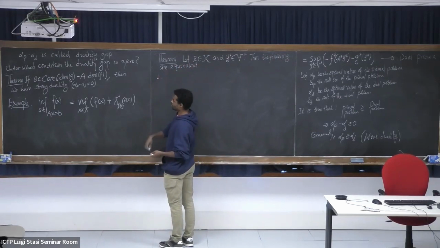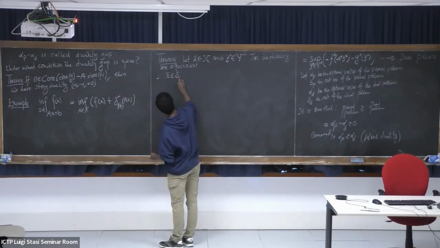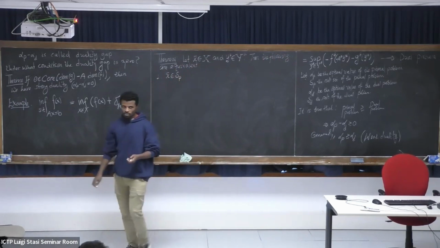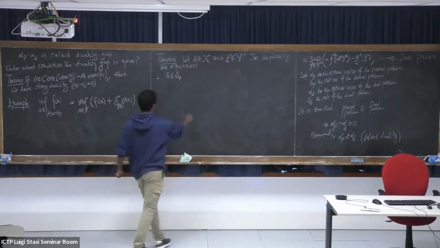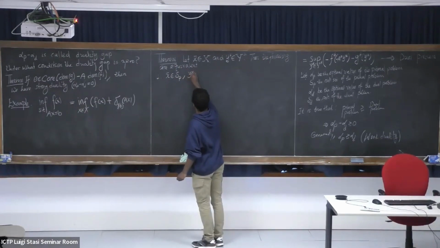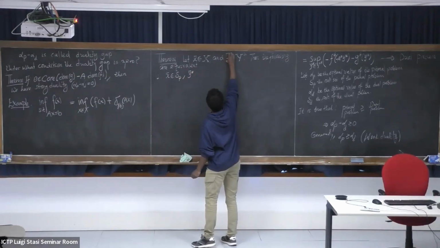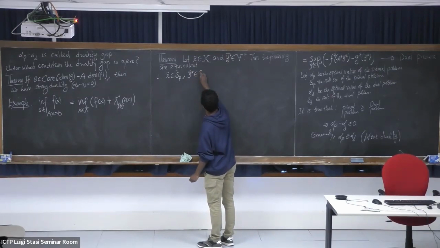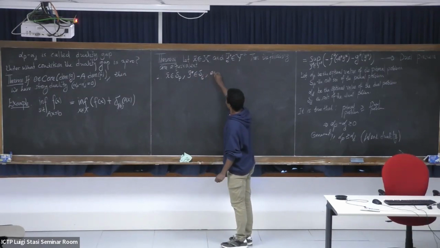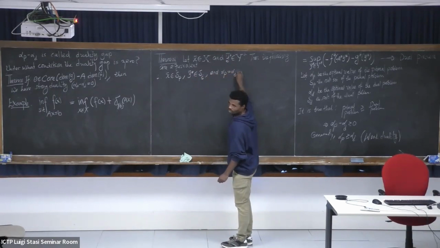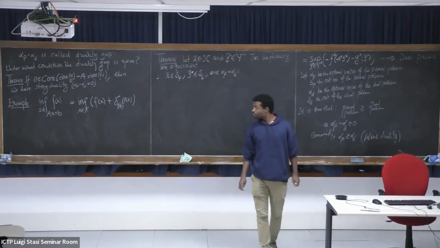One, X bar is a solution of the primal problem and Y star bar is a solution of the dual problem, and the optimal solution of the primal problem and the optimal solution of the dual problem are equal. We have zero duality gap.